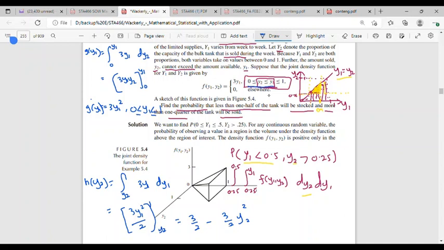Okay, and then make sure to put the interval for y2, 0 to 1. So at the end you will get the function of y1 in terms of y1, and the function of y2 in terms of y2. Okay, that is the marginal.